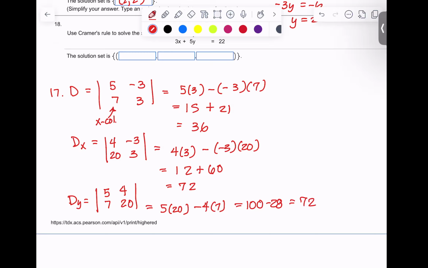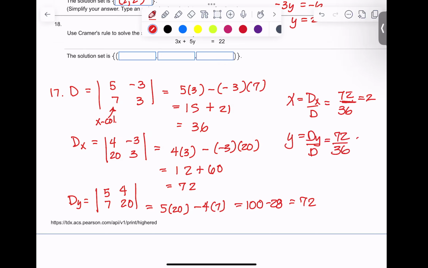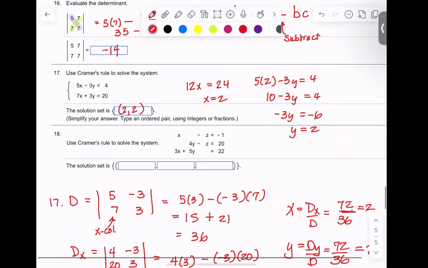So now what's x and y? X is D sub x over D, which is 72 over 36, which is 2. And y is D sub y over D, which is 72 over 36, which is 2, which is exactly what I got using a quick addition.